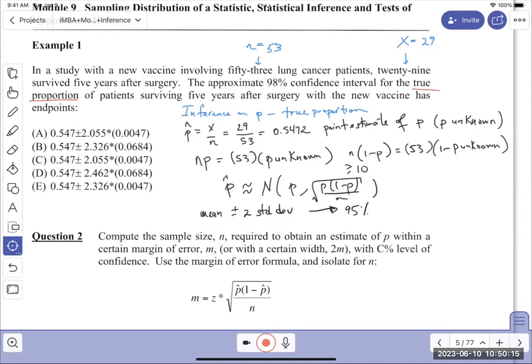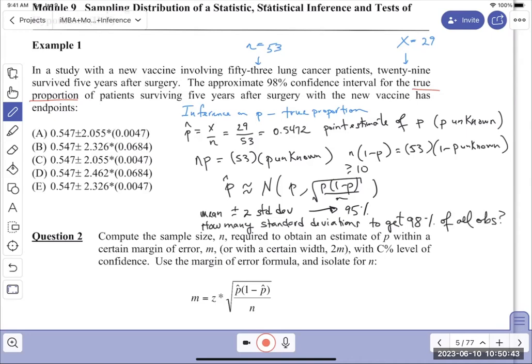Well, I want you to be more precise. How would we find that? How many standard deviations to get 98% of all observations captured?